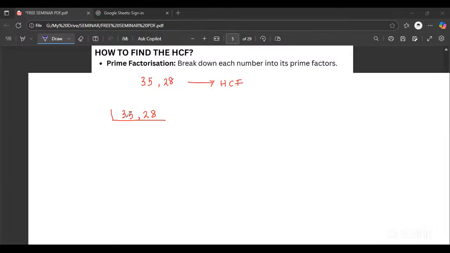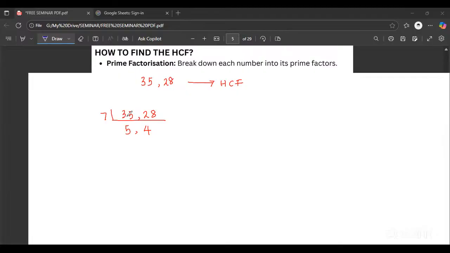7. Can you divide by 7? By looking at that, we know because it's a multiplication of 7. If I divide them by 7, 35 divided by 7 is 5, and 28 divided by 7 is 4. After this, there is no common number between 5 and 4. Do you all agree? Yes.